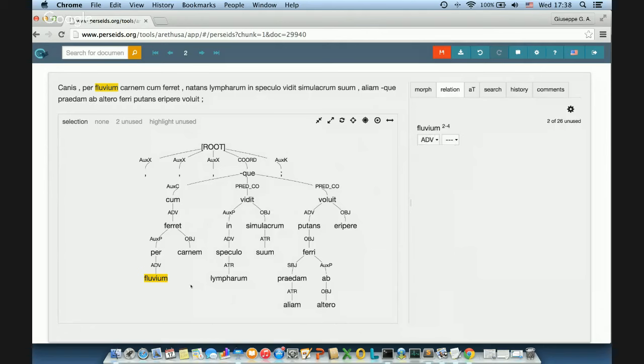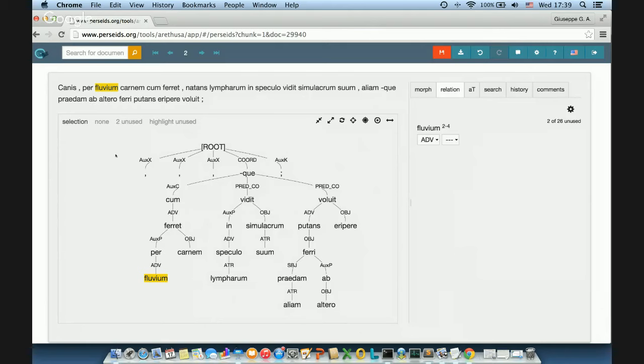This is an adverbial modification because I don't need to say that the meat was brought through the river. This kind of modification is not really required by the verb ferret here.